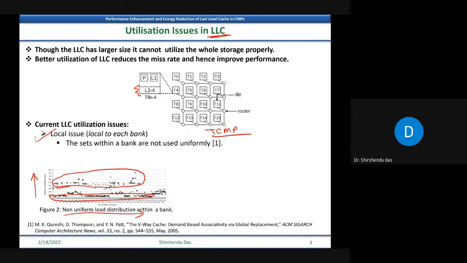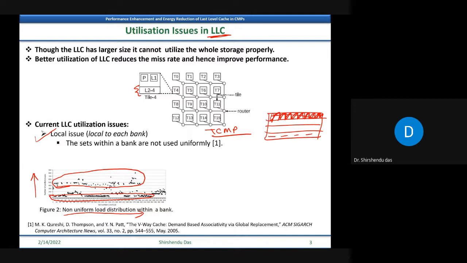So even if you have a set associative cache, this set is facing heavy misses because a lot of blocks are mapping to it, and this set is almost idle. Because of inefficient mapping, or you can say the fixed mapping of set associative cache, you are not able to utilize the cache space completely.